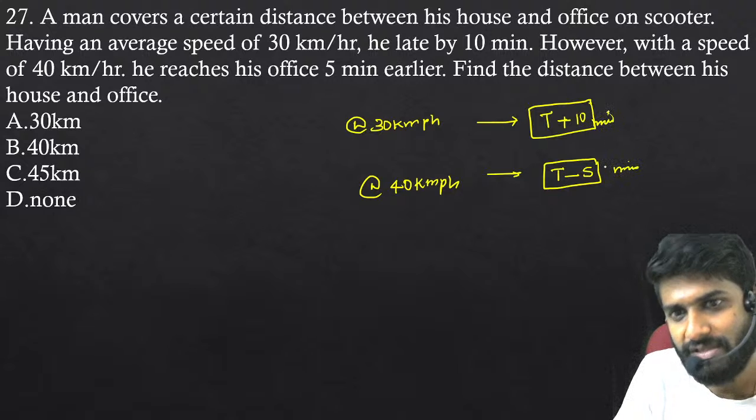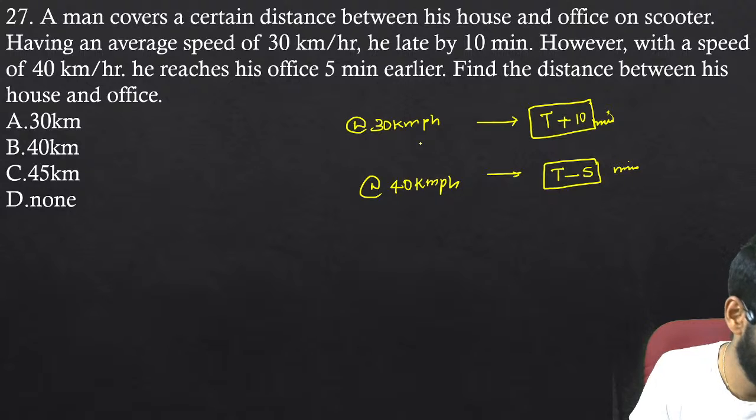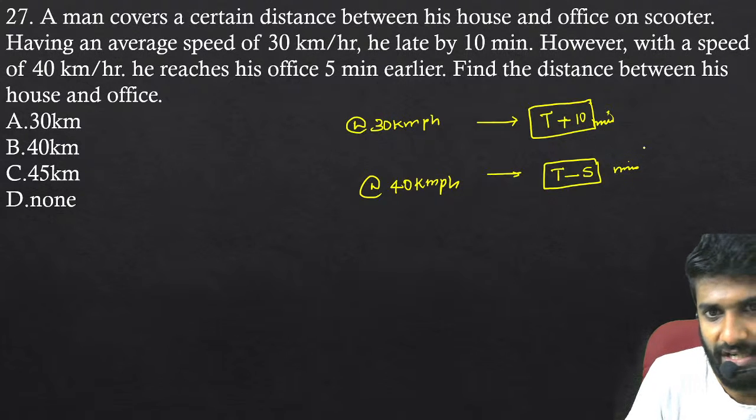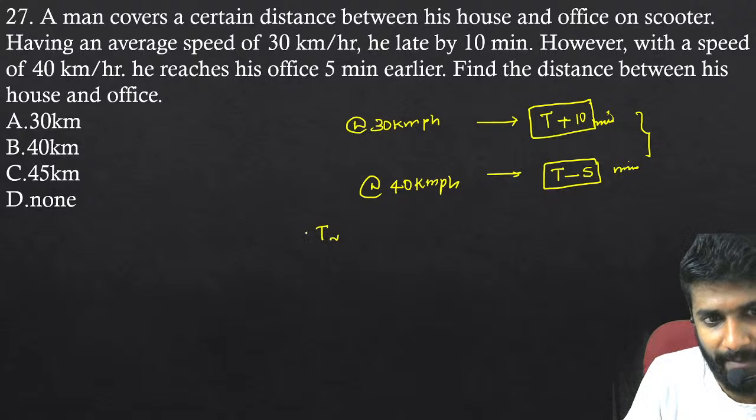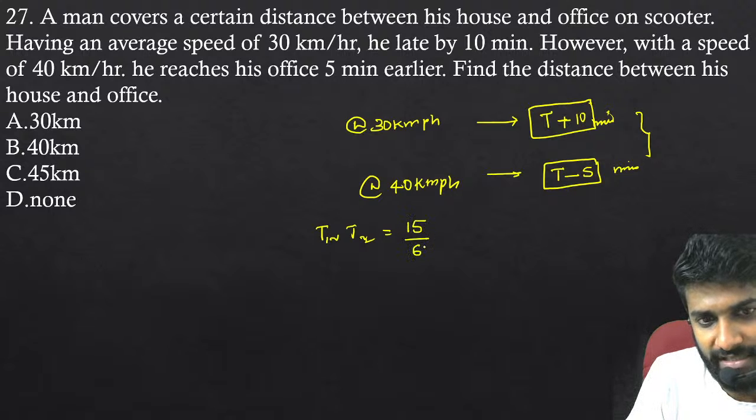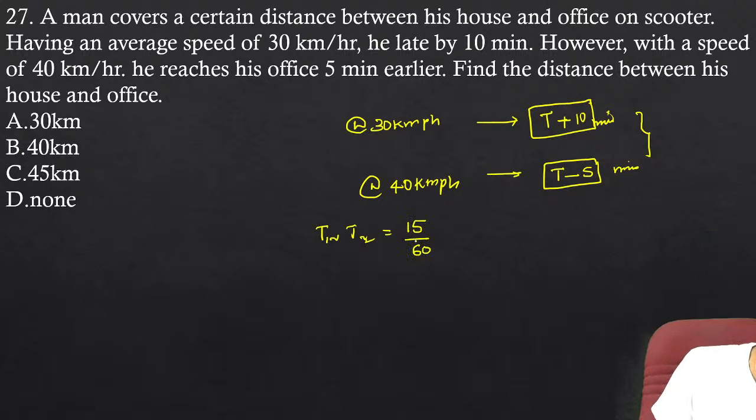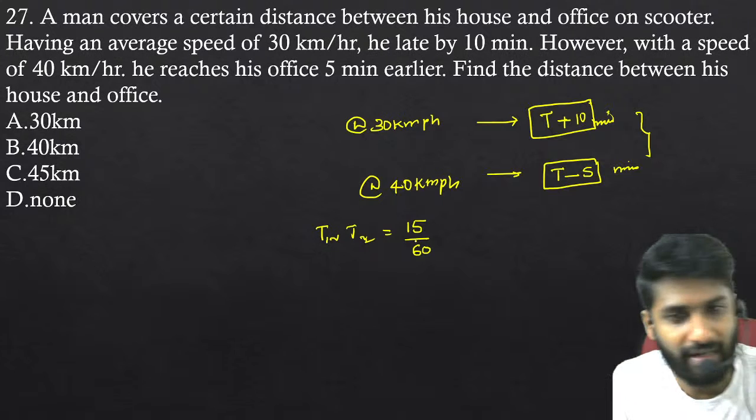Now see that if you look at the entire scenario, the distance is constant. Now see the difference of timing: the difference of those two statements is exactly equal to 15 minutes, converted into hours, that is 15 by 60, which is 1 by 4.